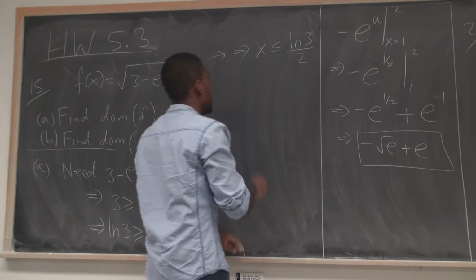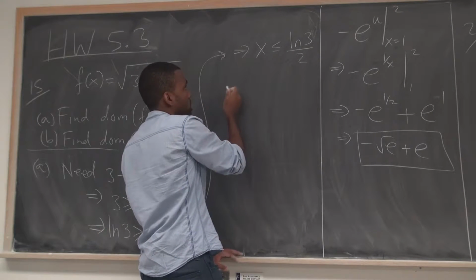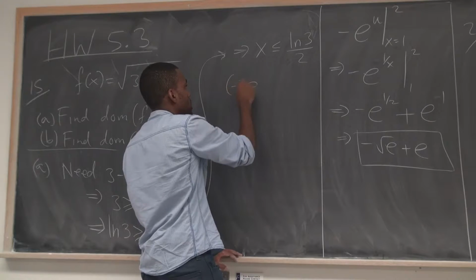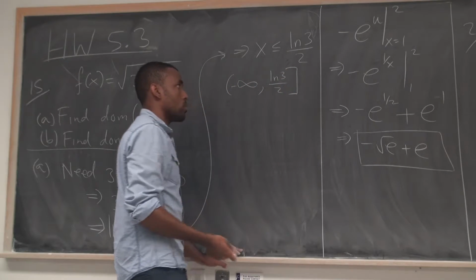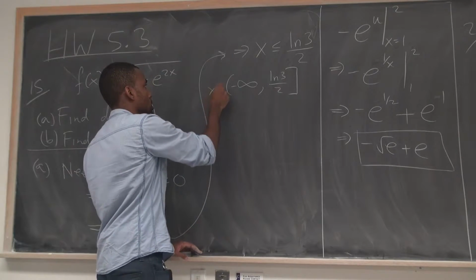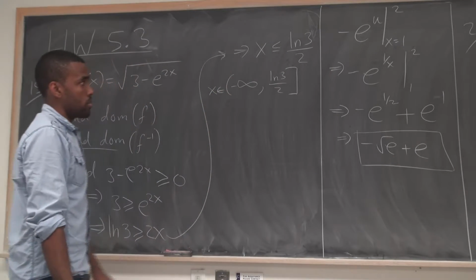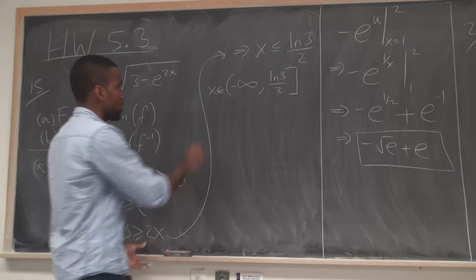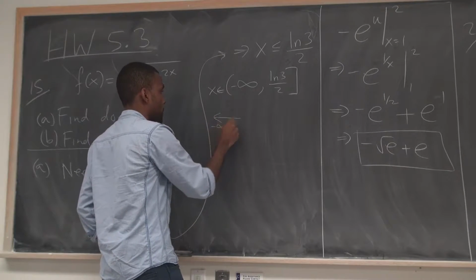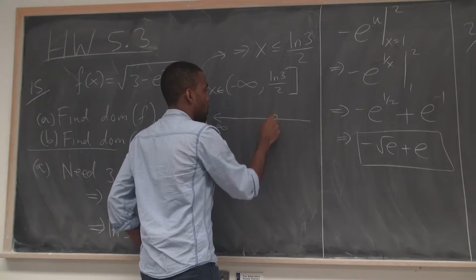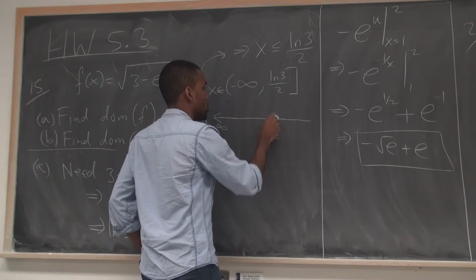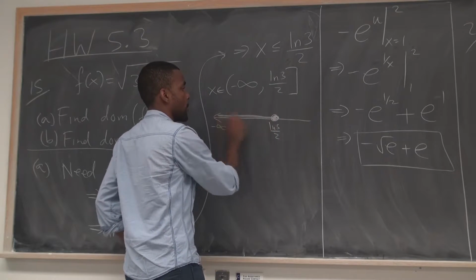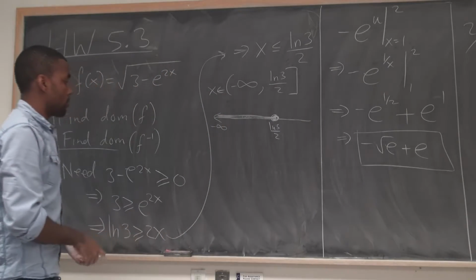So that was your domain. There are many ways you can write this. You can use interval notation: from minus infinity up to ln 3 over 2. So x must be in that for your domain. Everything on the real line from negative infinity all the way up to ln of 3 over 2 is in your domain.